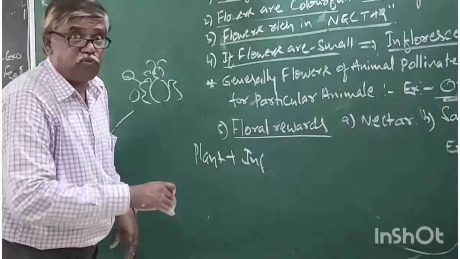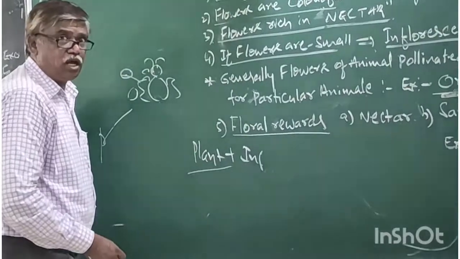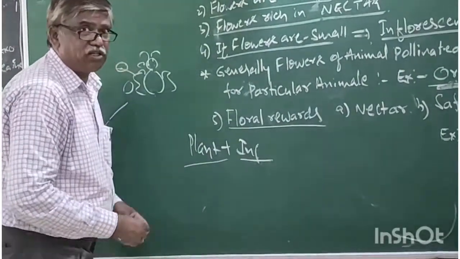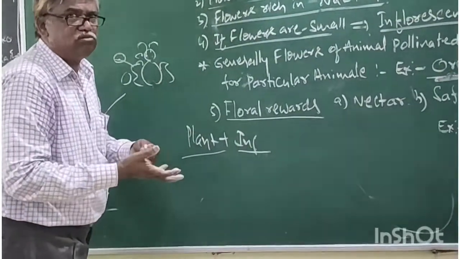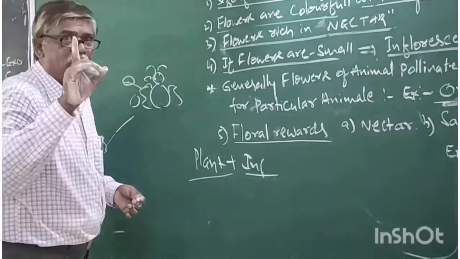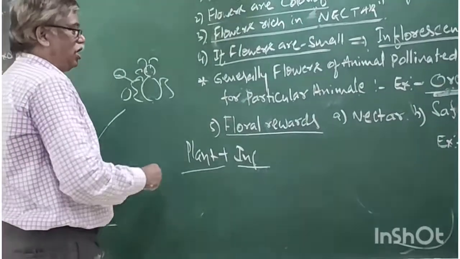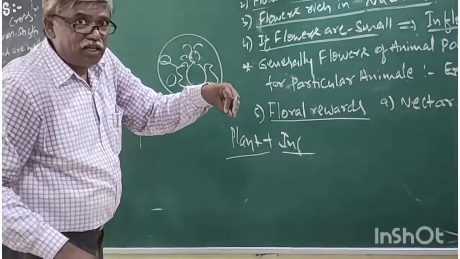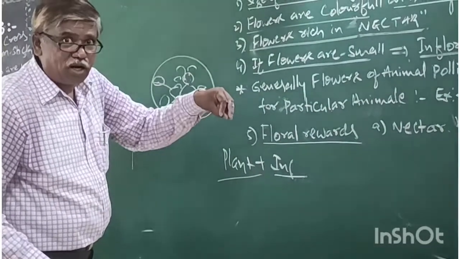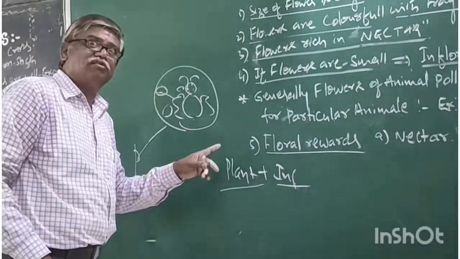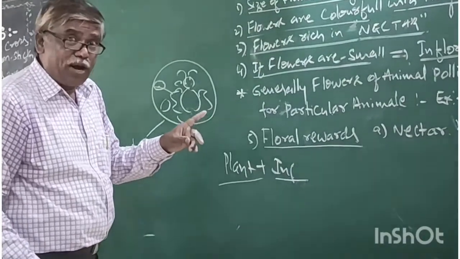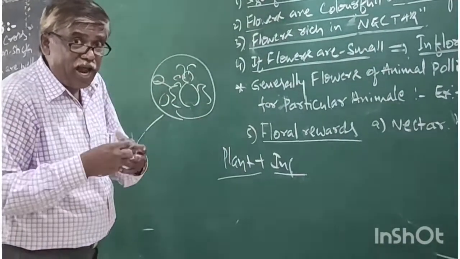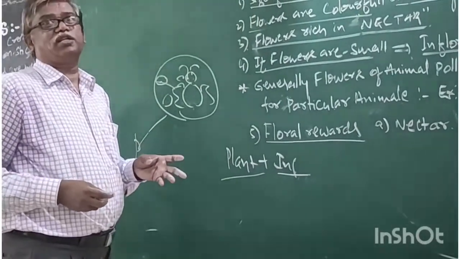Mutually beneficial. What is the benefit of the plant? Pollination. What is the benefit of the insect? They are getting some food, that may be nectar. Insects visit the flower for reward, but in this visiting, the plants benefit by pollination.